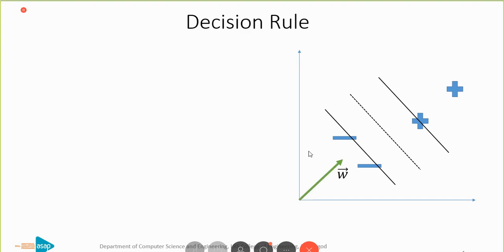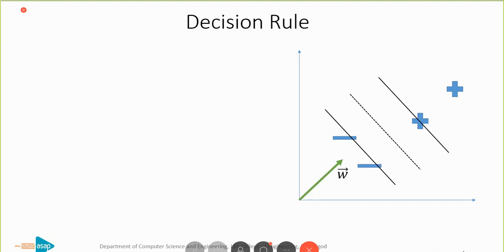There is a constraint here. When you draw this vector W, it should be perpendicular to the median line. This is the median line of the street. That is the only constraint here.